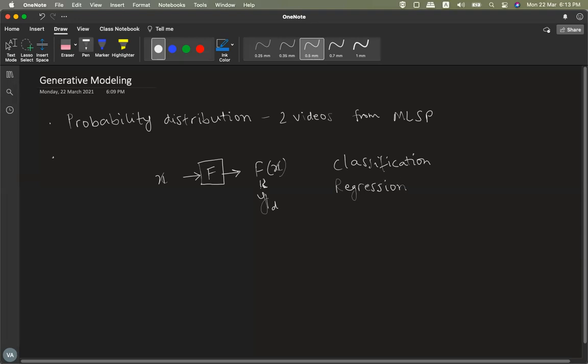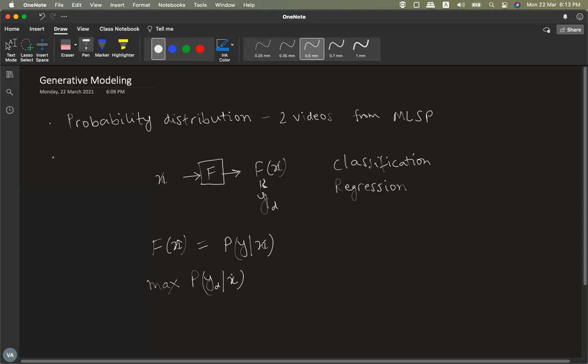So if you remember soft classification as opposed to hard classification, my f of x will be not just a scalar, but a distribution. This is the probability of y given x, and we want to maximize the probability of y desired given x.